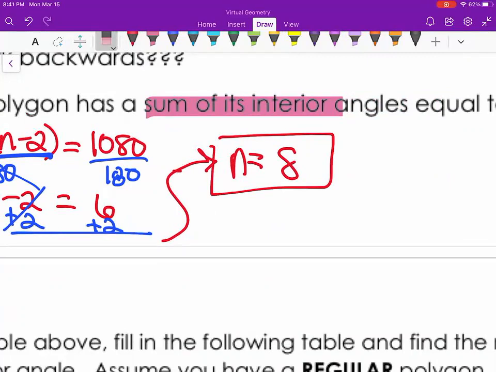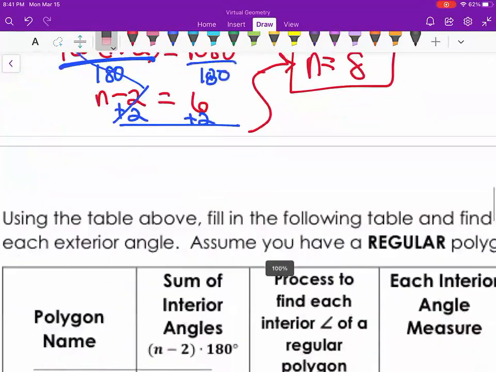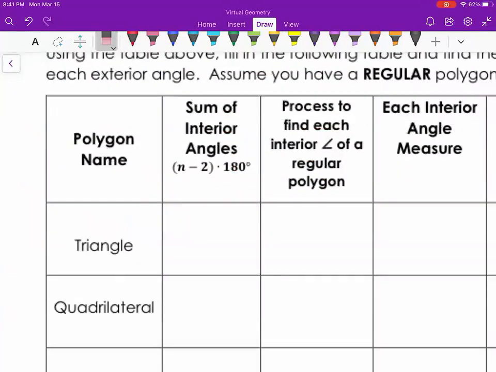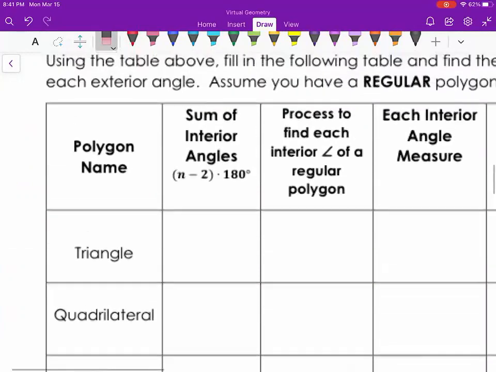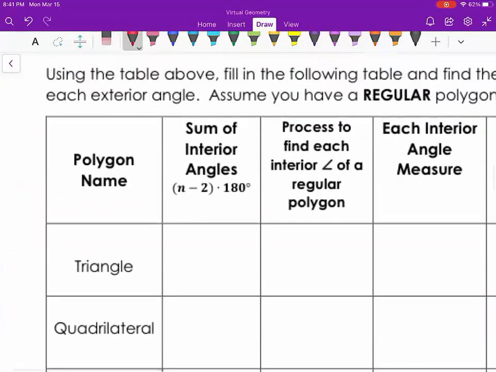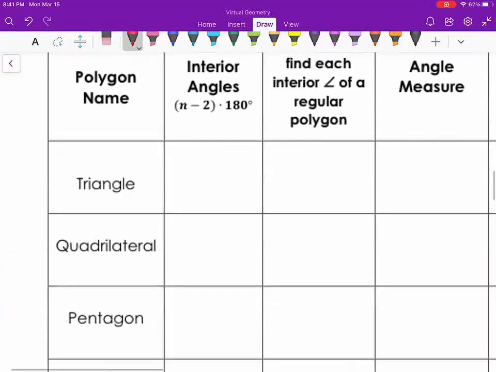So again, working backwards. Let's use all of these formulas and see how we can use each one for your different size of figure. Now, they all revolve around the triangle, hence the 180 degrees. For the triangle, we already know the sum of the interior angles is 180.